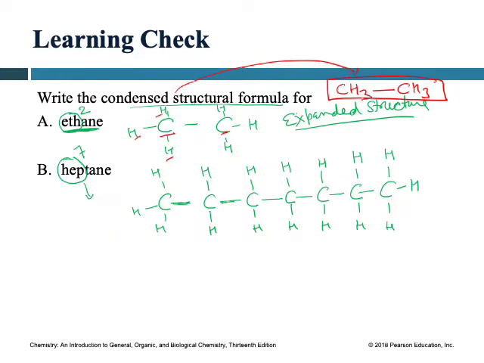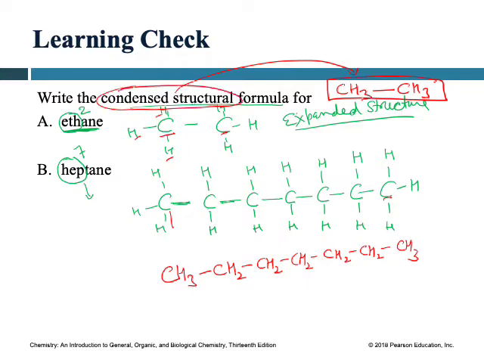On the first one we have 3, second one we have 2, third one 2, then again 2, then the last one as 3. So this is your condensed formula again, right?